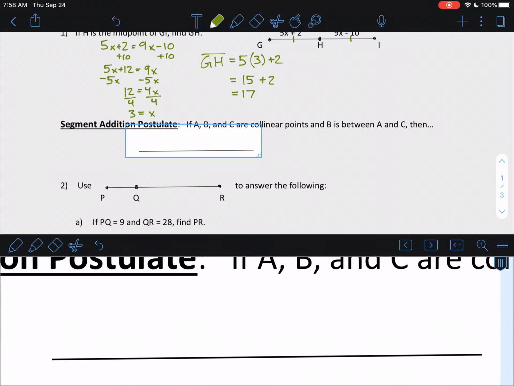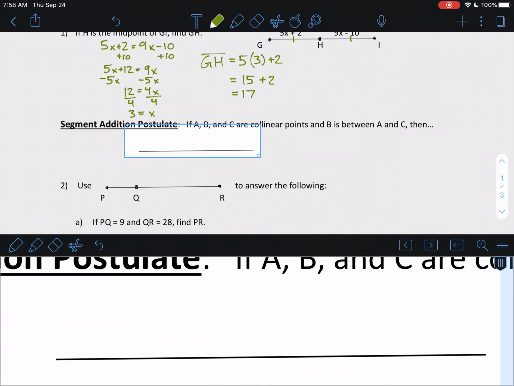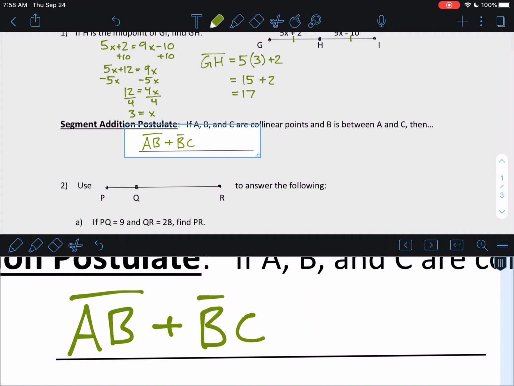Then that means that the length of segment AB plus the length of segment BC equals the length of segment AC. So the distance between A and C can be determined by finding the distance between A and B and then adding the distance between B and C, because B is between A and C, and they're all on the same line.